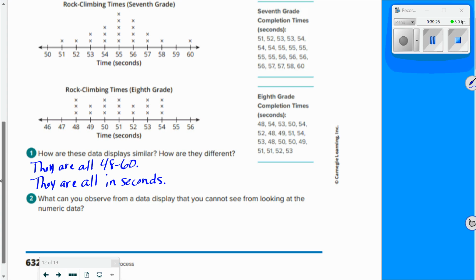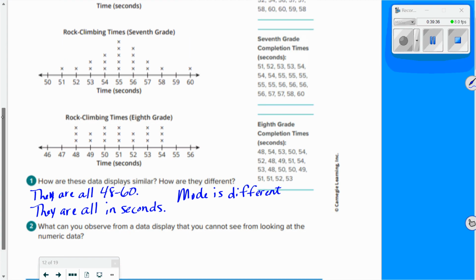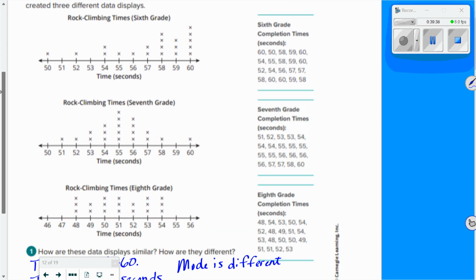The mode. Okay. So what is our mode? Actually, let's look real quick. What is our mode for the 16? Only one answer? 60.